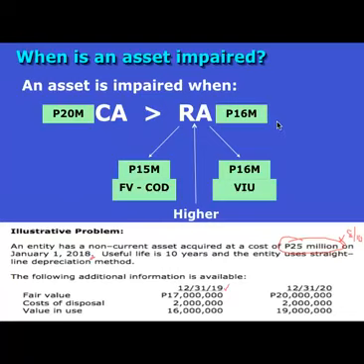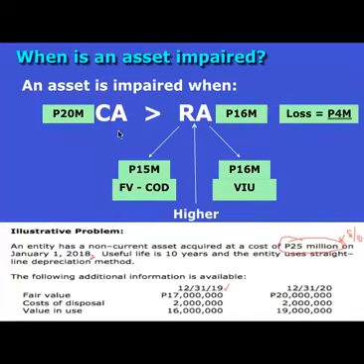So what does it mean? The asset is impaired. The difference, that's the impairment loss. The core principle there is that assets cannot be carried at more than the recoverable amount.